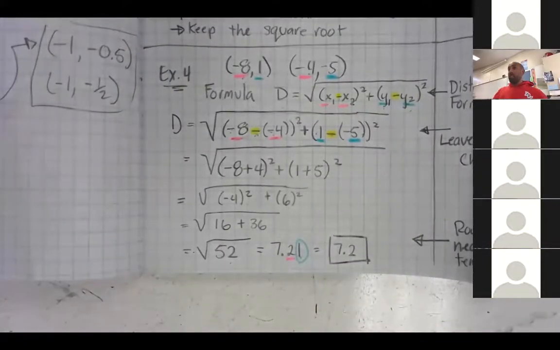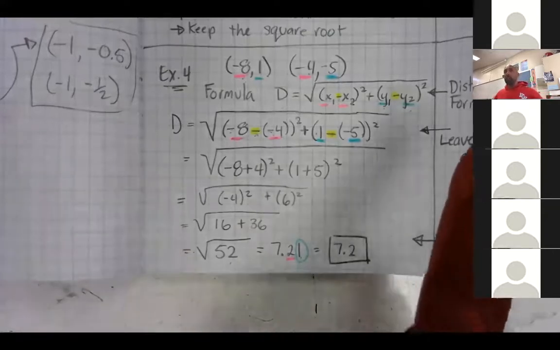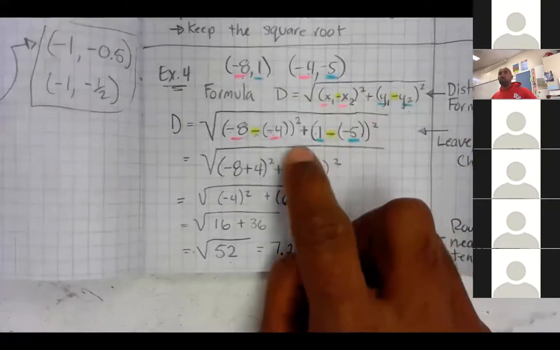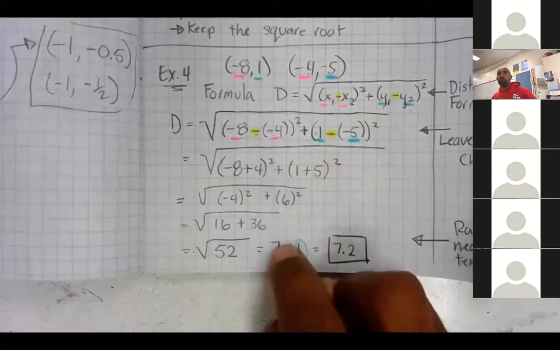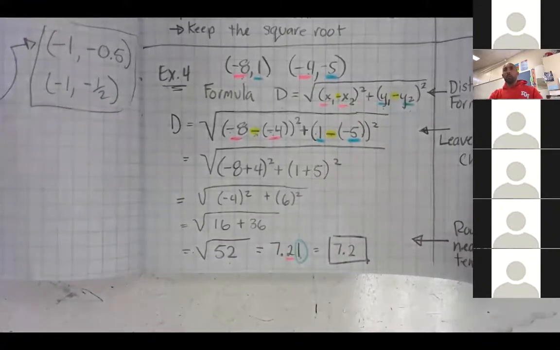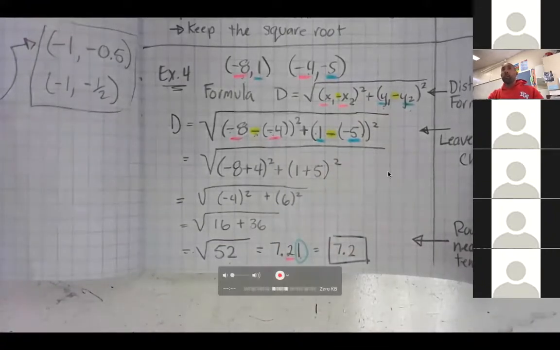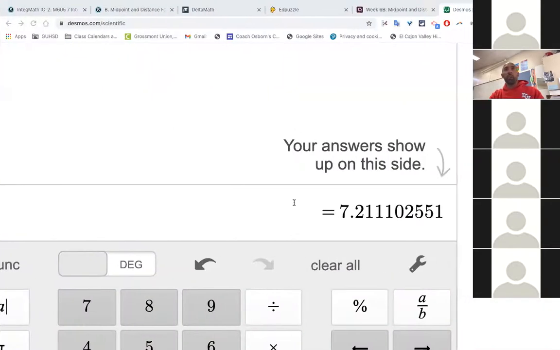Now, is there an easier way to do all of that calculating? Because if you notice, it was 1, 2, 3, 4, 5, 6 steps. Could I simplify that? Yes, you can. And what I could do is I can actually go to Desmos, and what I'll do is type this entire expression right here. And I'll show you how to do that.